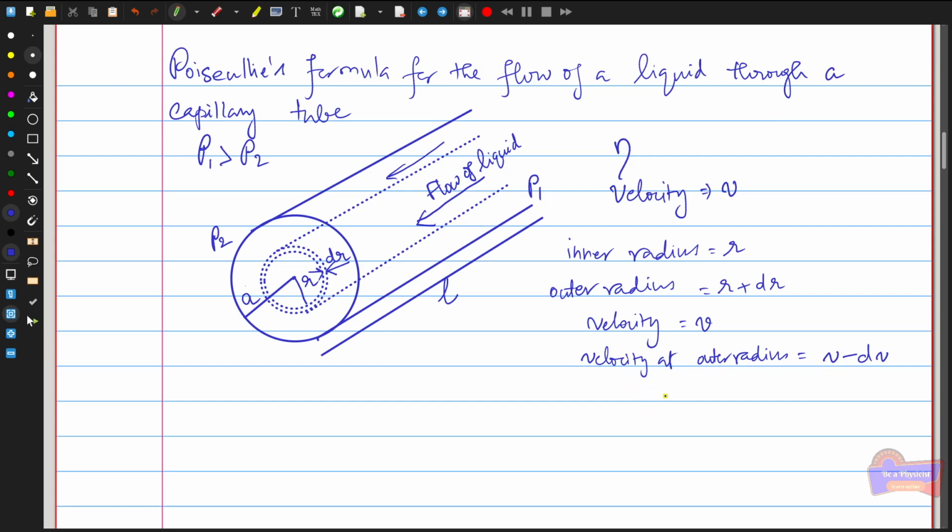Therefore the rate of change of velocity is dv by dr. What we are going to do is find the velocity of the liquid as a function of the radius r. Then, if we find the expression, we can integrate it to cover the whole capillary tube.